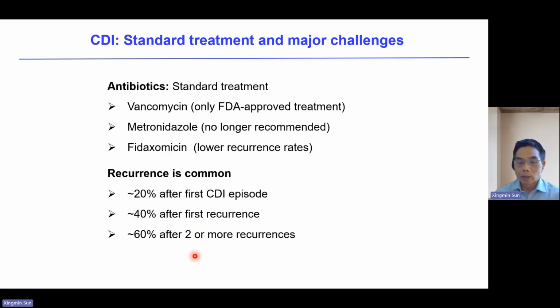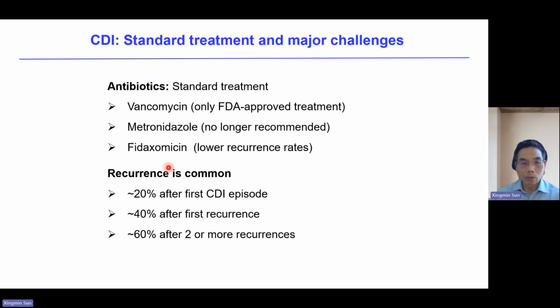Currently, standard treatment for the infection uses very few antibiotics, including vancomycin, metronidazole, and fidaxomicin. Because of the emergence of strains resistant to these antibiotics, especially metronidazole, this drug is no longer recommended as the first line of treatment in the United States.